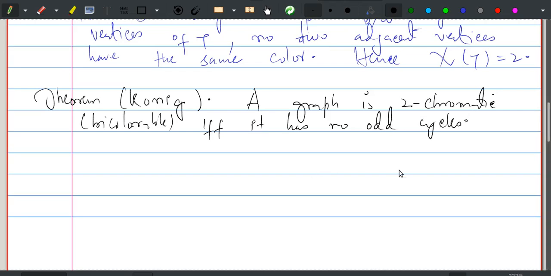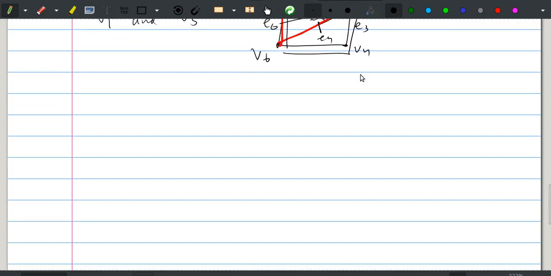Now to prove this result, we are going to use the previous result. We'll first recall what we mean by a spanning tree.